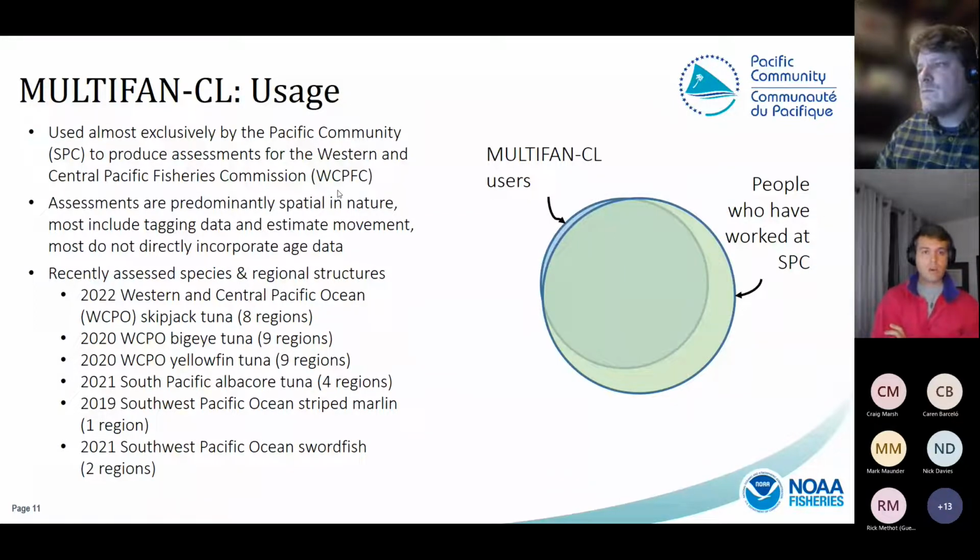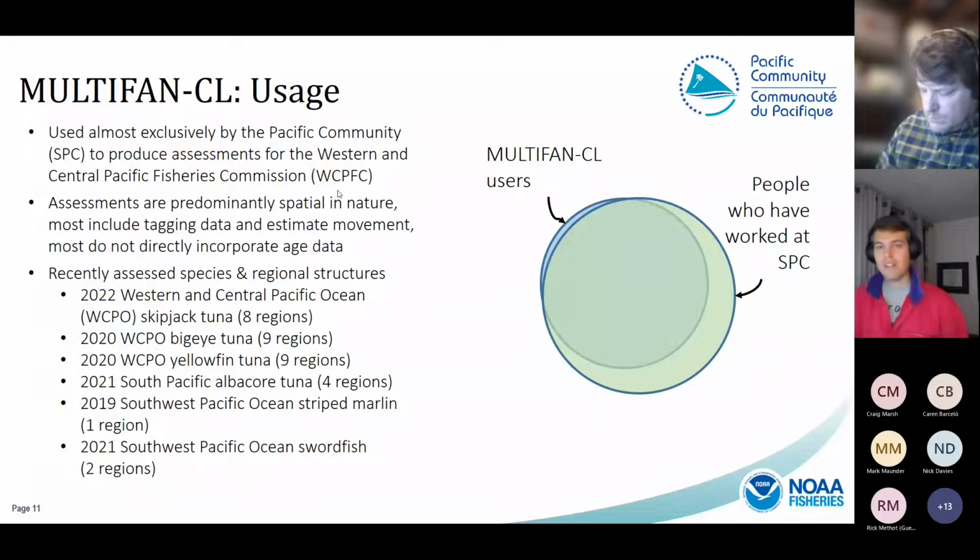South Pacific albacore had 4 regions, Southwest Pacific striped marlin was a single region, and Southwest Pacific swordfish was a 2-region model. The user base of MultiFan is quite small. It's typically people that have worked at SPC at one point in time, but there's no reason other people can't use it. It is a good tool.